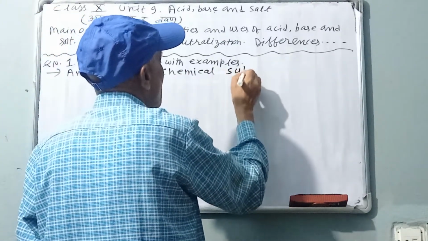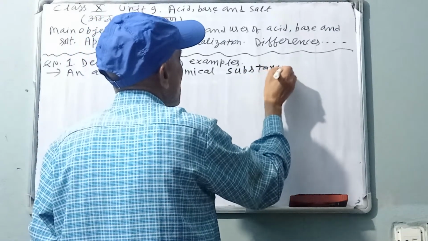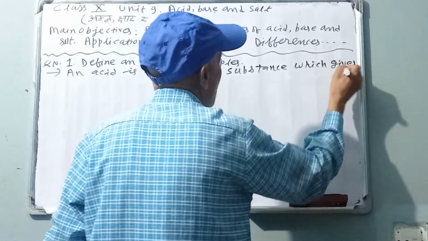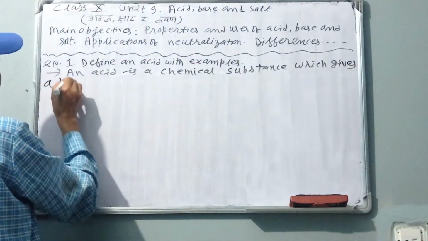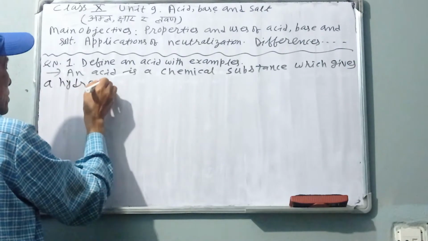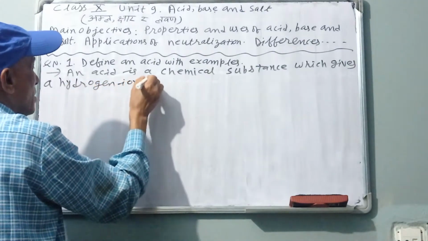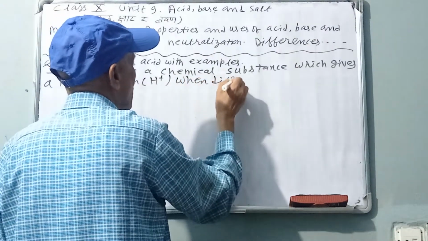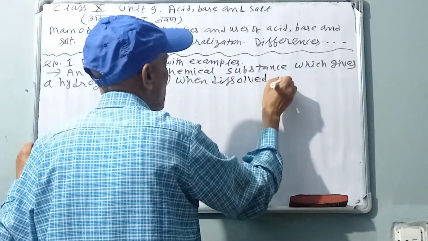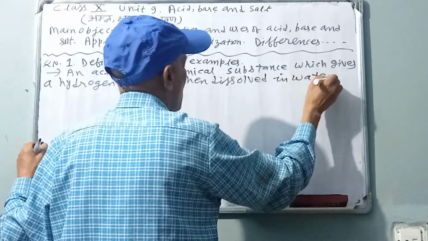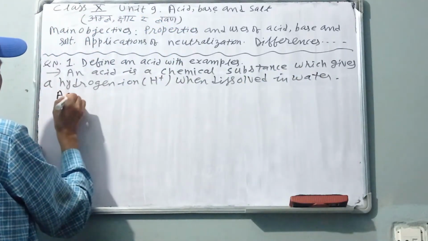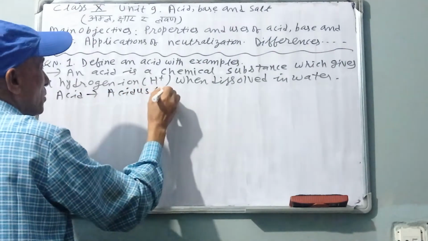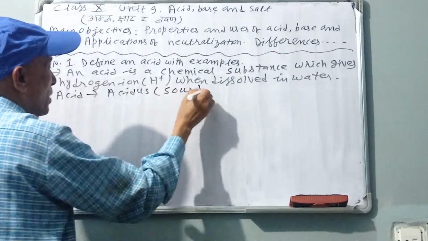A chemical substance which gives or produces hydrogen ion H plus when dissolved in water. The word acid comes from the word acidus, from the Latin word meaning sour.